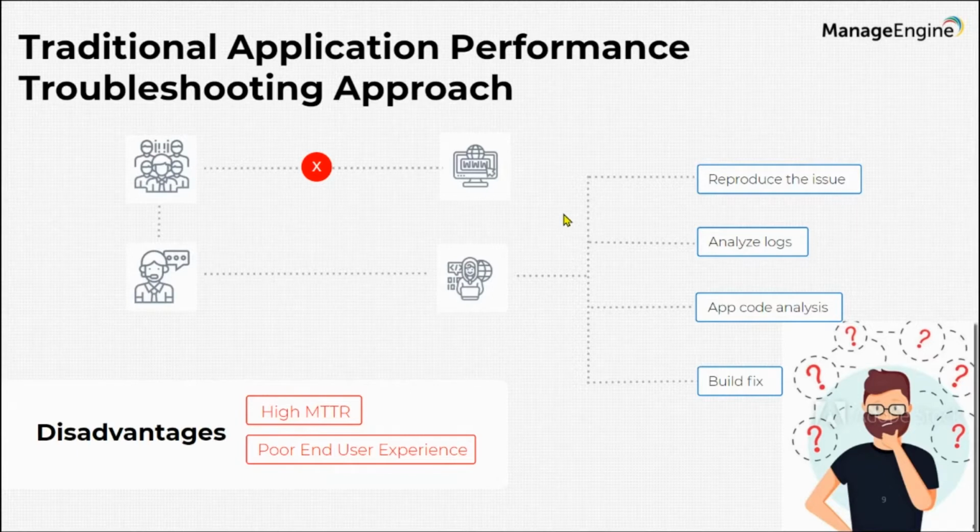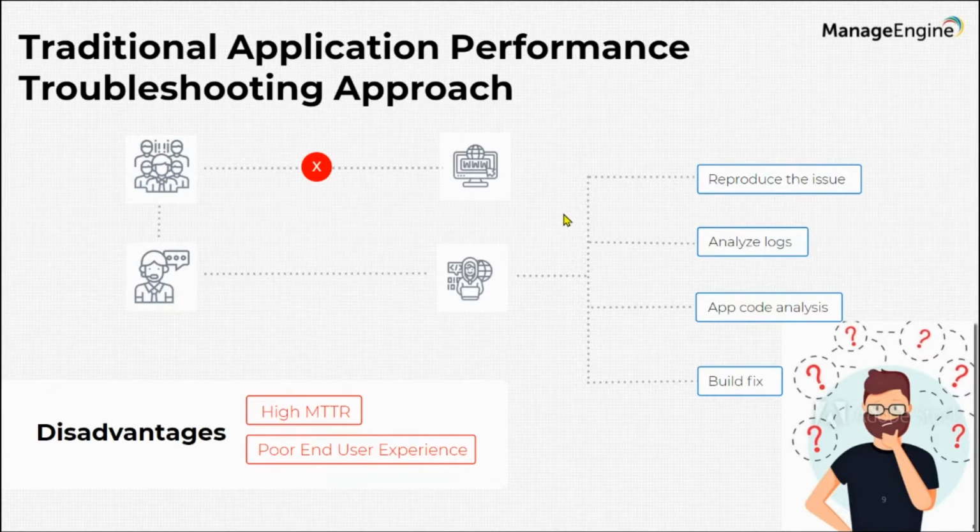If they are able to reproduce the issue, they build a fix. If they are unable to reproduce the issue, their analysis goes on, and this is a time-consuming approach. That is, a four-step process is involved: reproducing the issue, analyzing the logs, comparing the logs with the app code, and finally building a fix, testing the fix, and delivering it to the user. By this time, the end user experience is completely impacted.